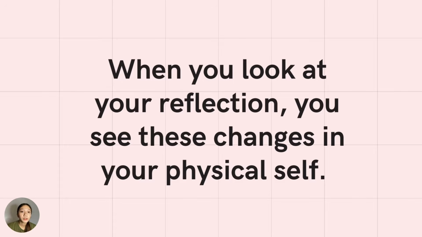When you look at your reflection in the mirror, you see these changes in your physical self. Makikita mo yung self nyo. May mga changes kayo during elementary days, high school days, and up to the present. Diba, iba-iba yung mga napansin nyong developmental changes.